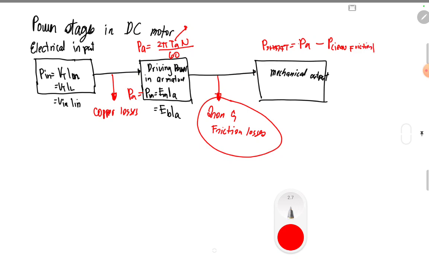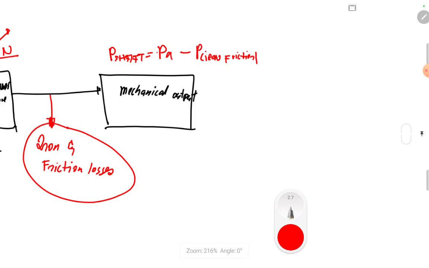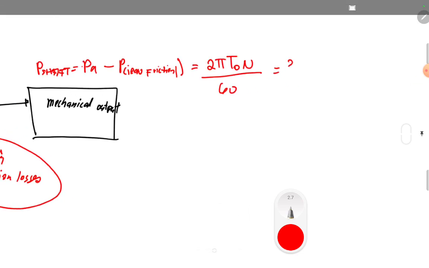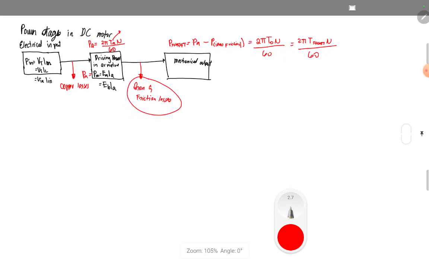So this will be your P shaft, which we will use in order to solve for the output torque or the shaft torque. 2 pi T shaft N all over 60.